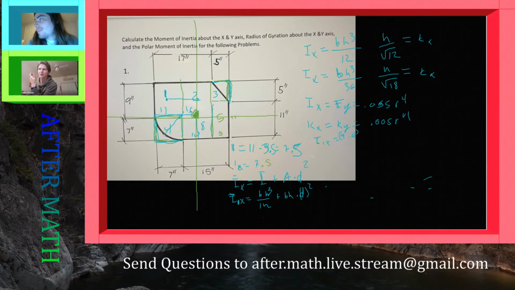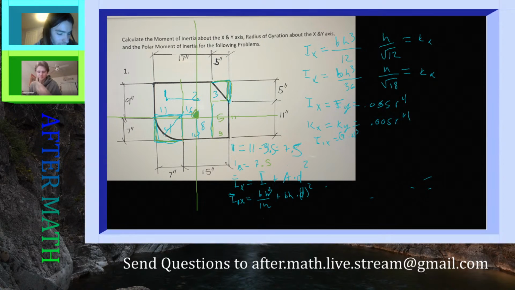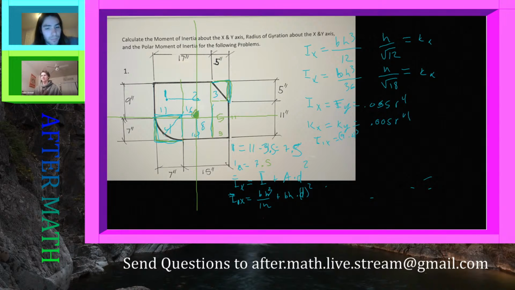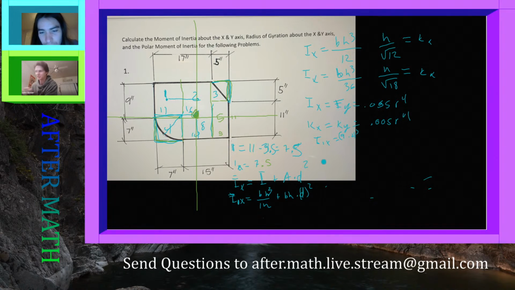And then at the very end, they can find out that for the polar moment of inertia, you just add the x and the y together. Because this is a complicated question. It is very involved, I would say. And just from what we've done so far, I feel like I could solve this as long as I write out all of my stuff.